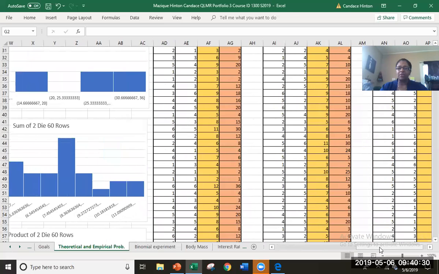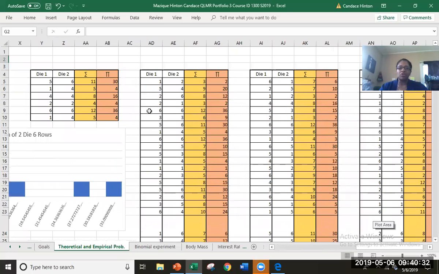And with that being said, it brings me over here to our charts. As you see, we rolled the sum of two dice. We did the sum and we did the product.